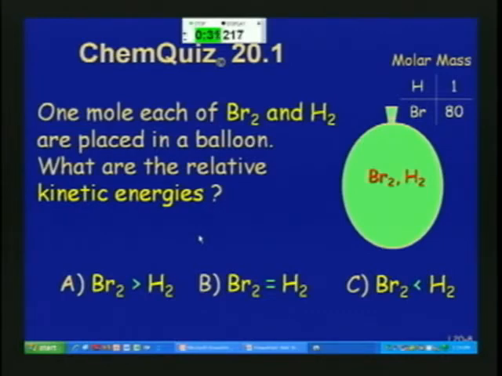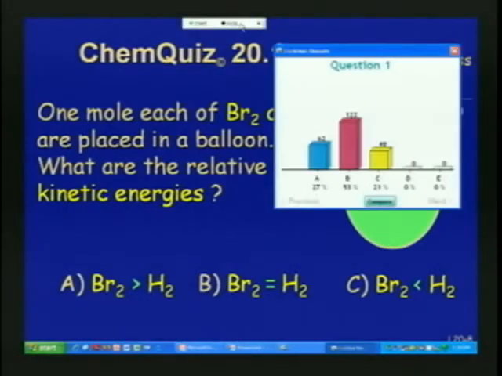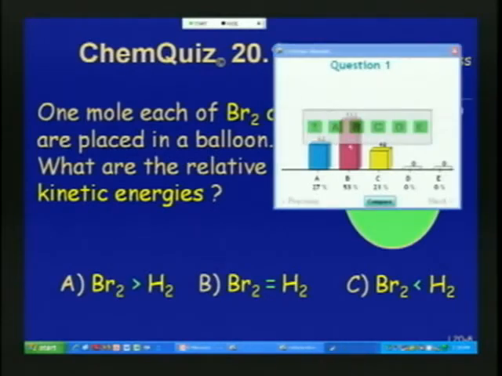So I gave you the mass here of hydrogen and bromine, okay? Yeah, there is a Gaussian distribution.